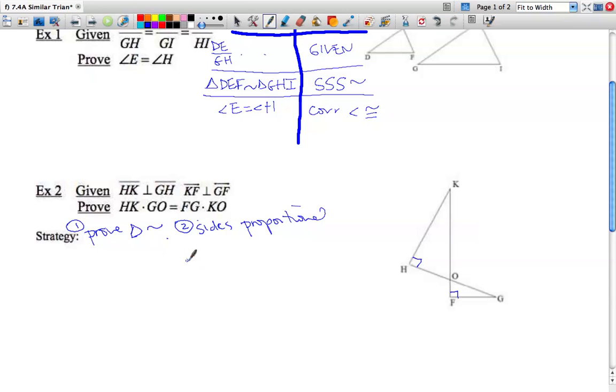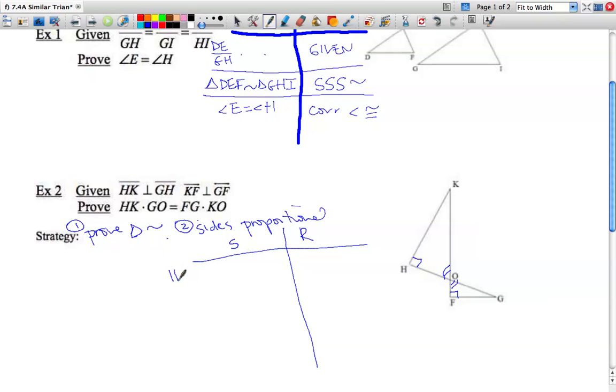Okay, so let's set up a statement reason table, and I think I can see right now we have an angle and an angle, and the two angles are congruent. You guys I'm sure have seen that these two angles are vertical, which are congruent, so we can show they're similar by angle-angle similarity.